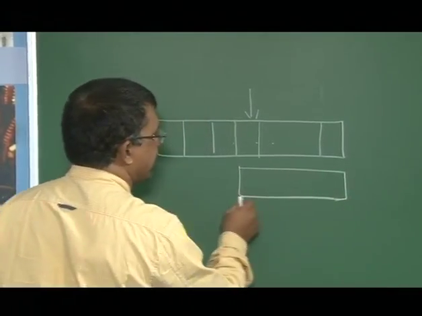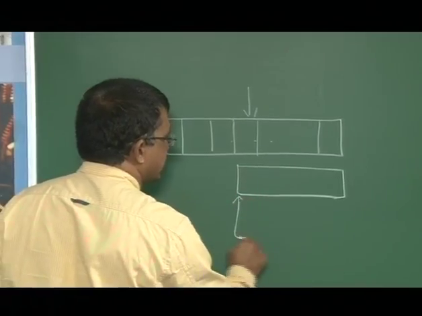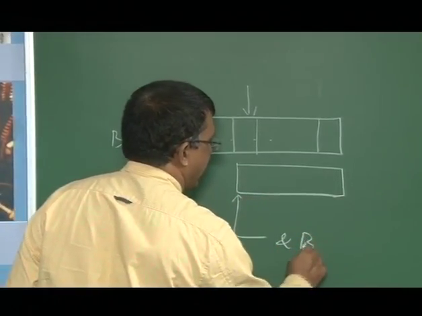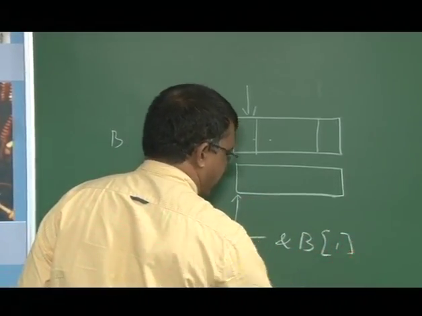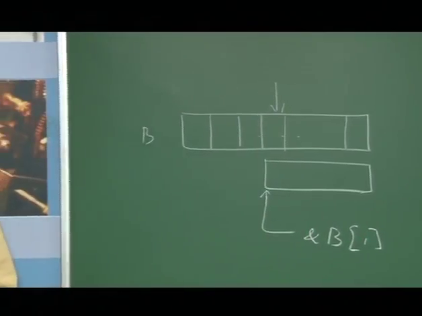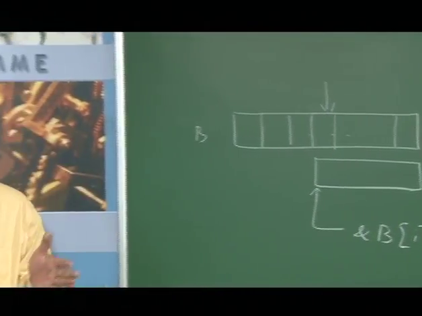I am not passing this entire block, I am passing the address of this, which is &b[I]. So, I slice the array and then pass it as an argument to this function. In many applications, this becomes very important. Many string operations, many kinds of system software requirements need this kind of access.